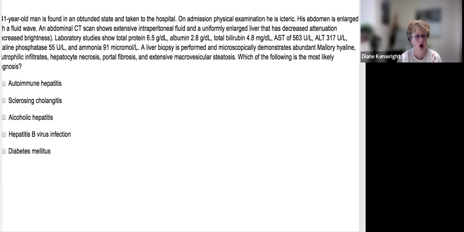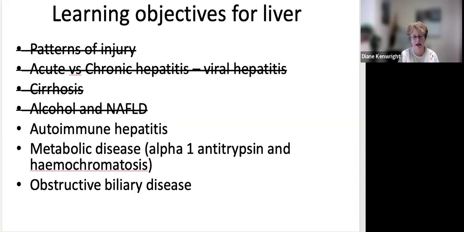Okay, what next? We're going to talk about some genetic liver diseases here. So I'm just flicking through the things at the side to find my place. Right, autoimmune hepatitis. Let's have a little think about autoimmune hepatitis before we think about metabolic liver disease. I don't have good slides for autoimmune hepatitis because it just looks like all the other chronic hepatitis. Autoimmune hepatitis will be covered, I believe, in your immunology lectures, and I also think it might be in the homework.